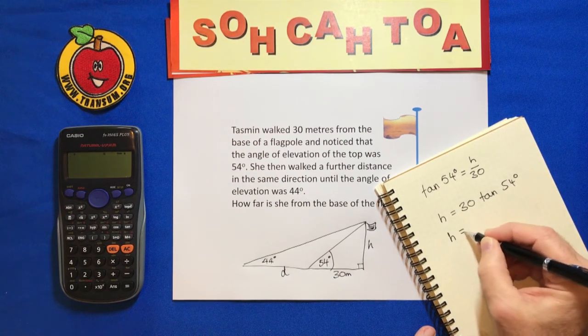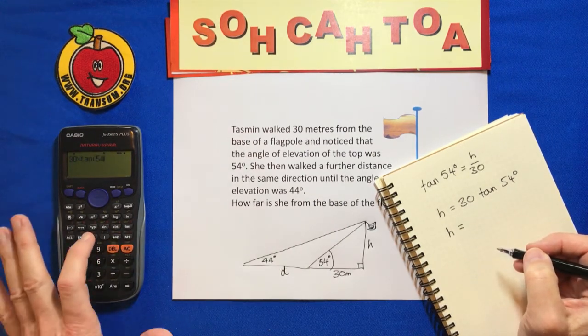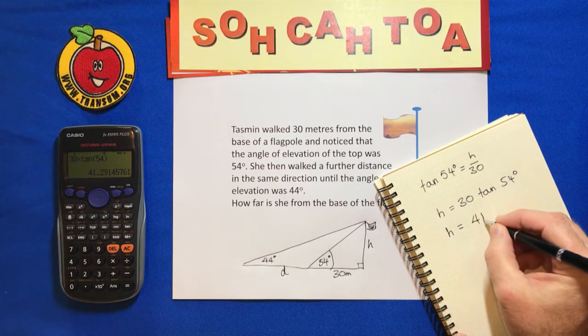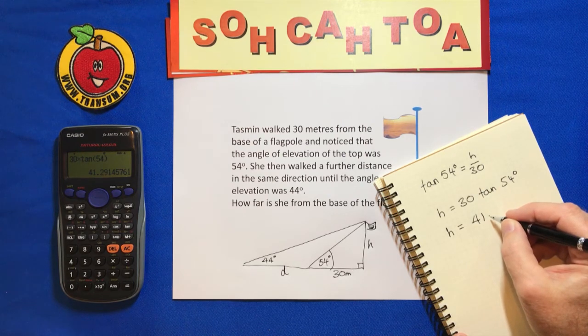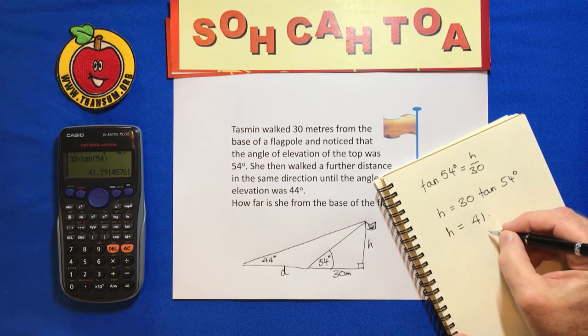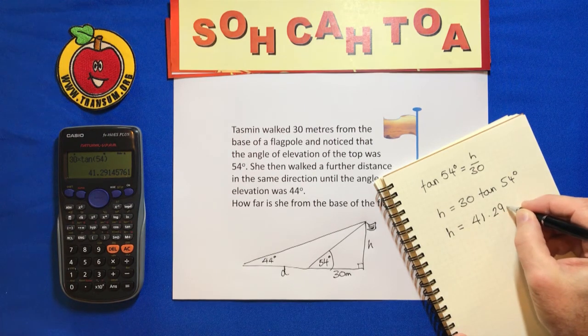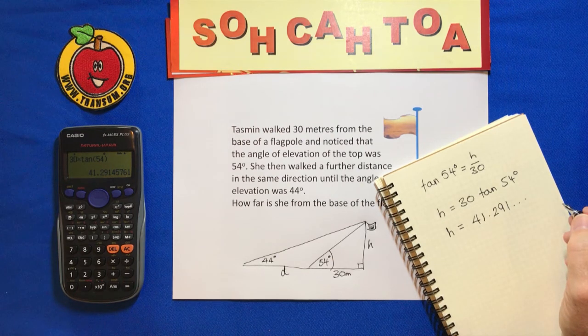So H is equal to, and I've got an answer, 41 point, and this time instead of rounding it, because this is not my final answer, it's a number I'm going to use in the rest of the calculation, I'm just going to write down 41.291... just to show that it goes on and on forever, and hopefully I can use the whole value in the rest of the calculation.